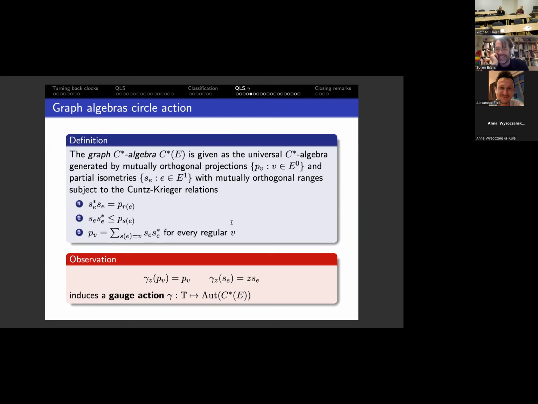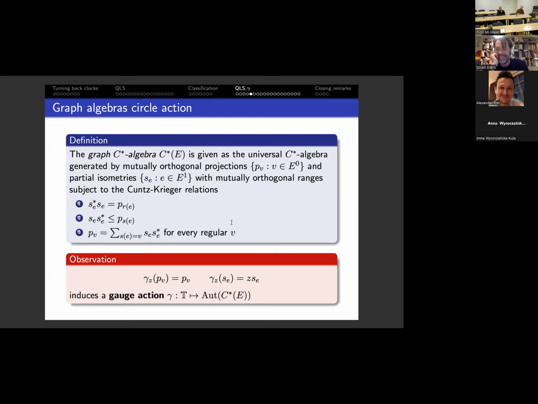I want to tell you about when two quantum lens spaces are isomorphic in an equivariant way. Now I have some good news and some bad news. The good news is that if you use the definition of the bigger, more complicated graph, and you think of the quantum lens spaces as a corner of that, then this is going to preserve the gauge action.